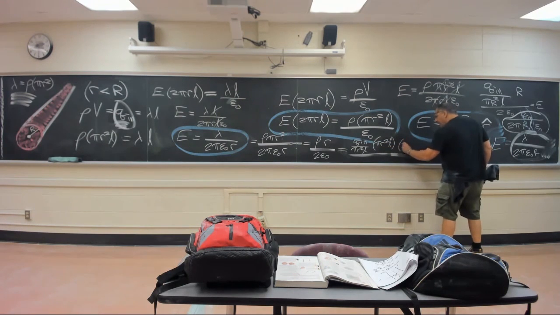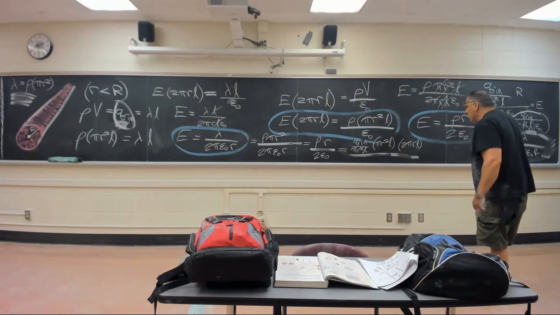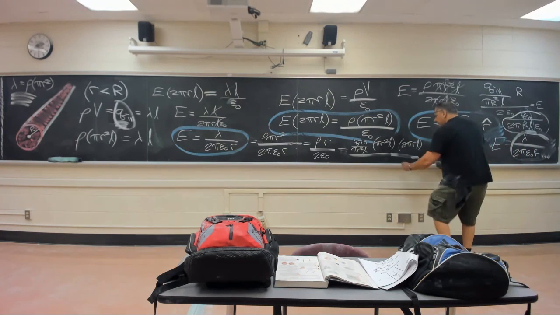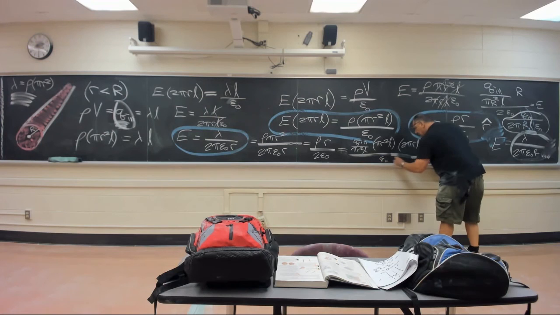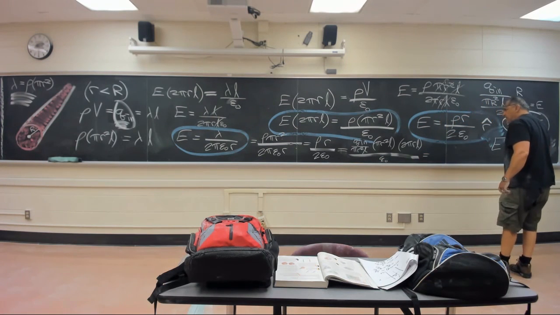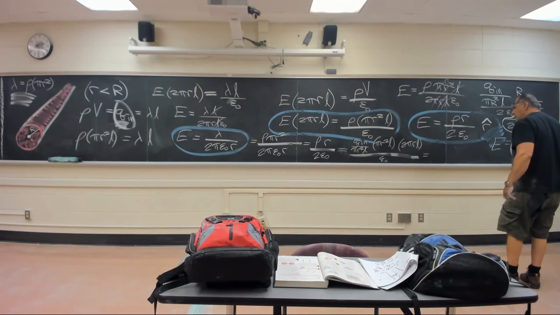You'd multiply that by 2 pi RL. And that would be equal to, that's Q over that, over epsilon naught, is equal to E times E times that.